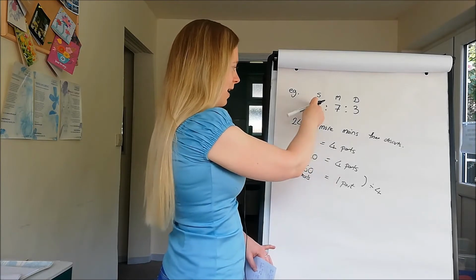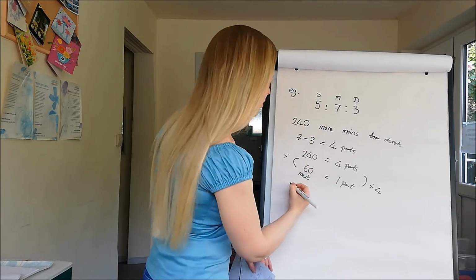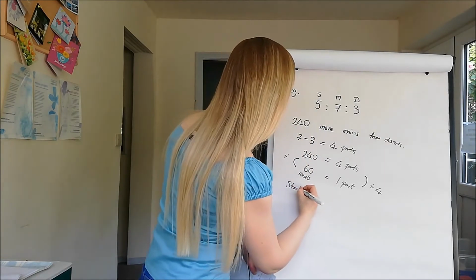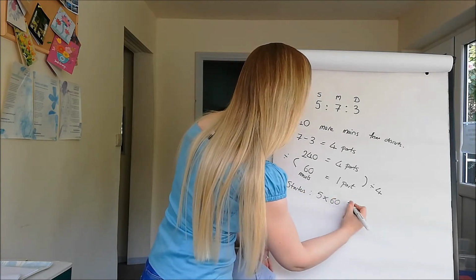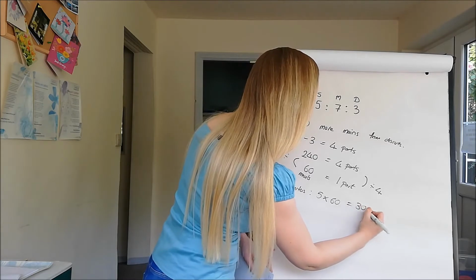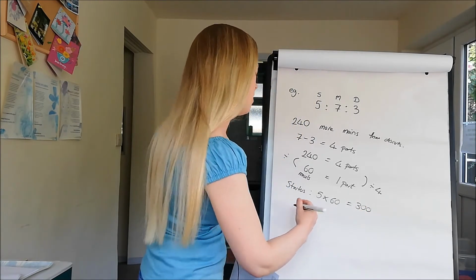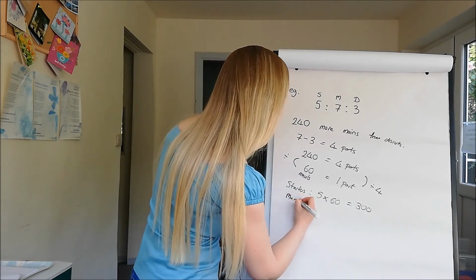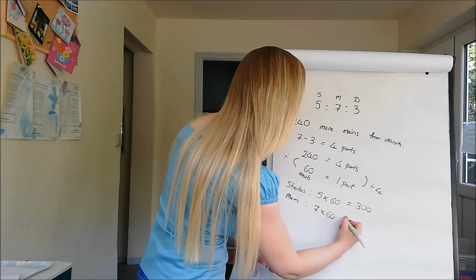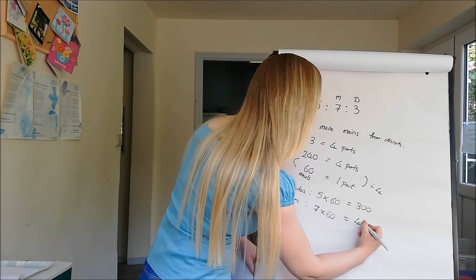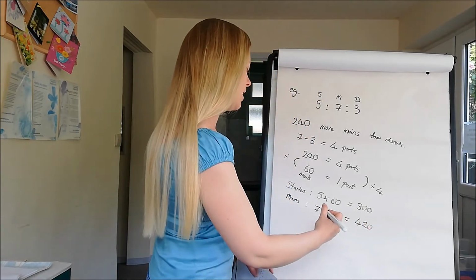Now 5 parts were starters, so for the starters we have 5 times 60, which is 300. For the mains we have 7 parts being sold, which is 7 times 60, which is 420.